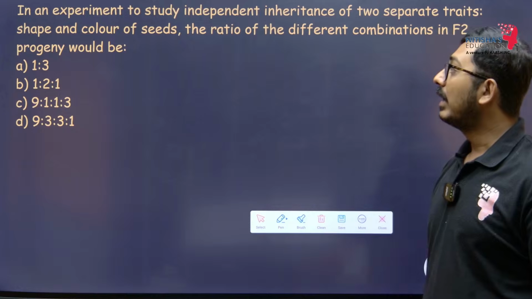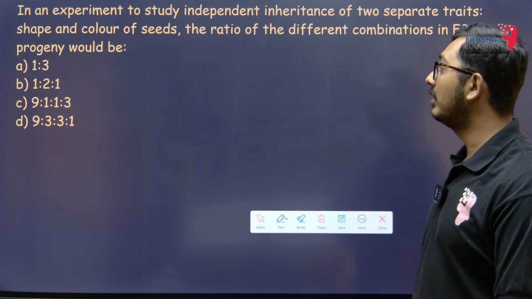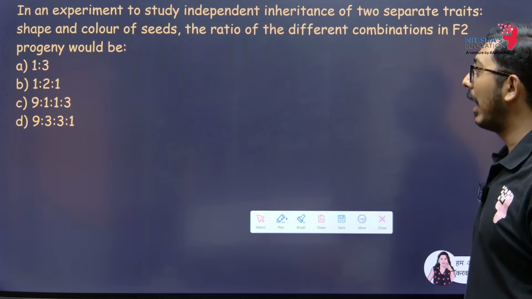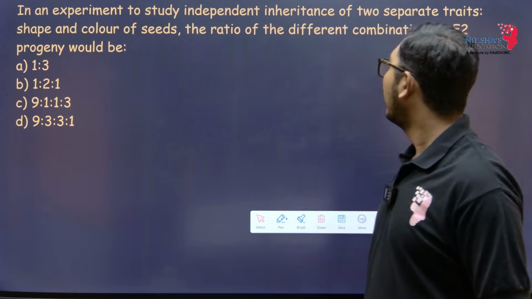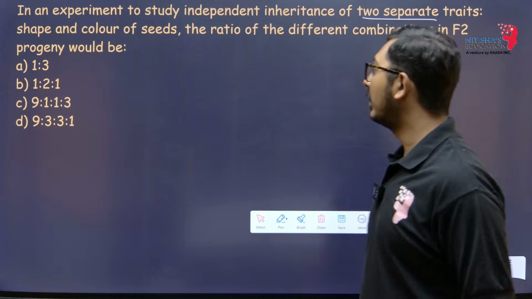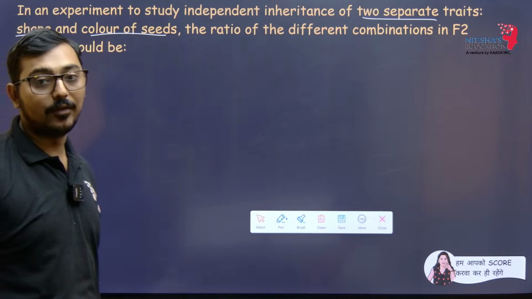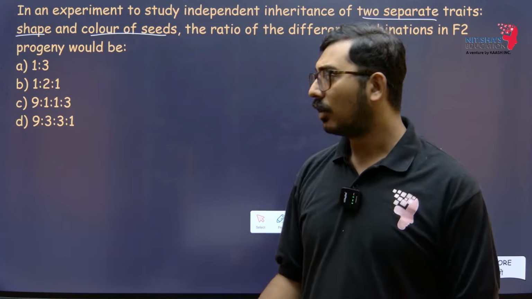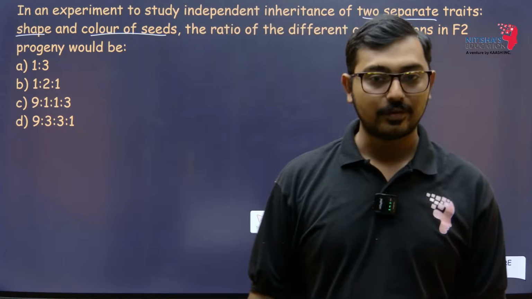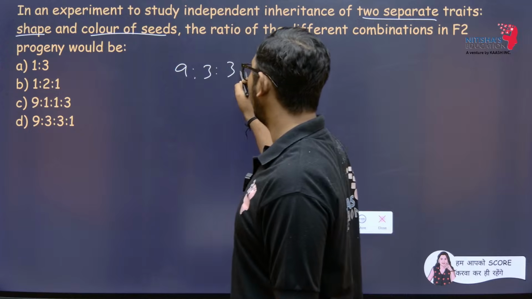Next: in an experiment to study independent inheritance of two separate traits, shape and color of the seeds, the ratio of the different combinations in the F2 progeny would be? This is already provided in the textbook example that we have solved, and the ratio would be 9:3:3:1.